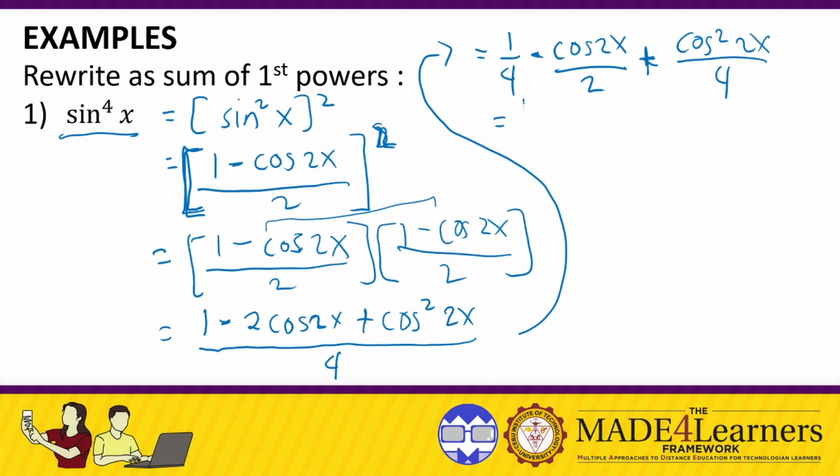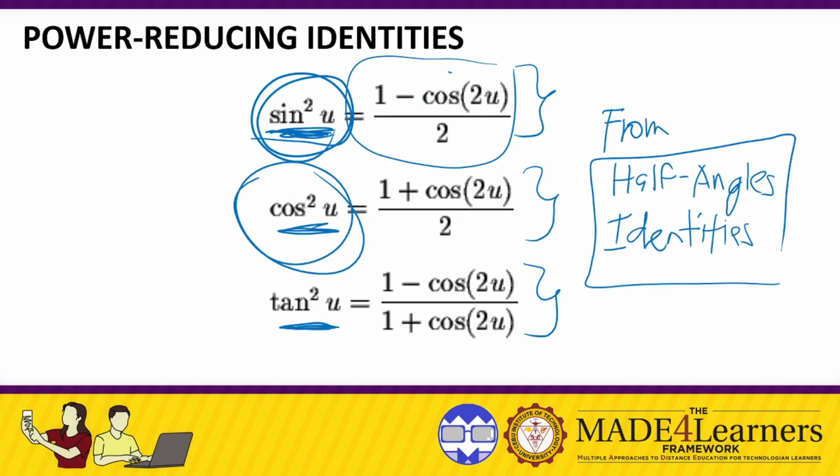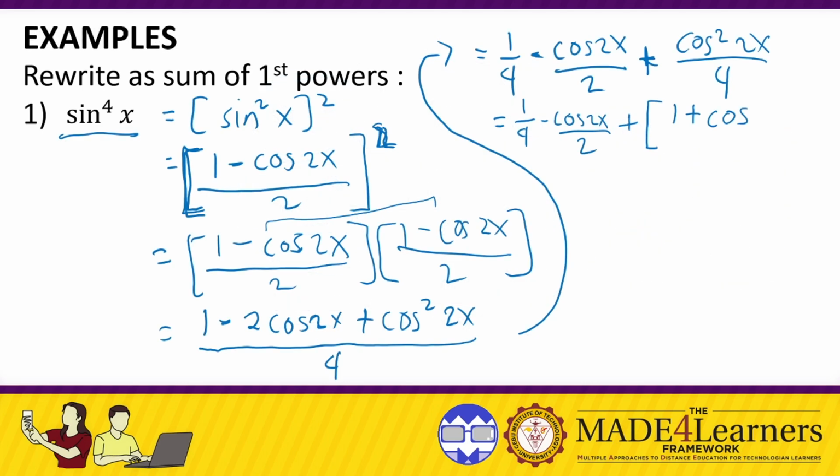So we have 1/4 minus cos 2x over 2 plus 1 plus cos, and since our angle here is 2x, it becomes 2 times 2x, so 4x, over 2, all over 4.